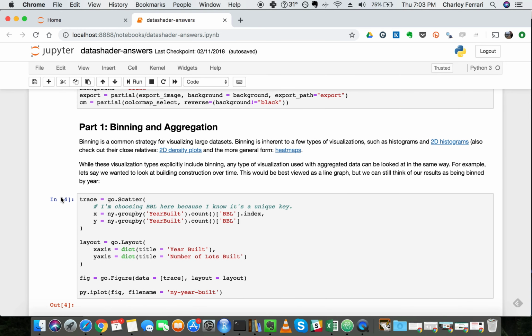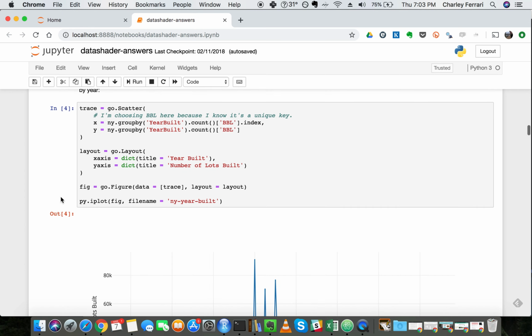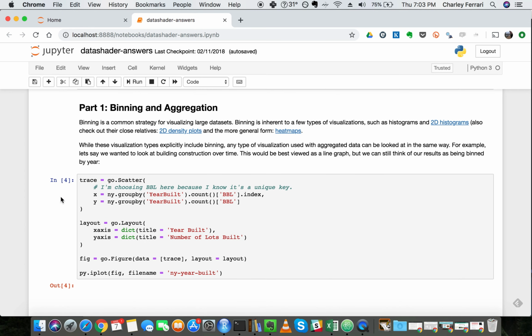The first part of this assignment was looking at how to deal with larger data sets that you have to aggregate, and think about how you're going to aggregate it to answer specific questions. I had provided a couple of examples where you have different types of visualizations where binning and aggregation is inherent, things like histograms, 2D histograms and heat maps.